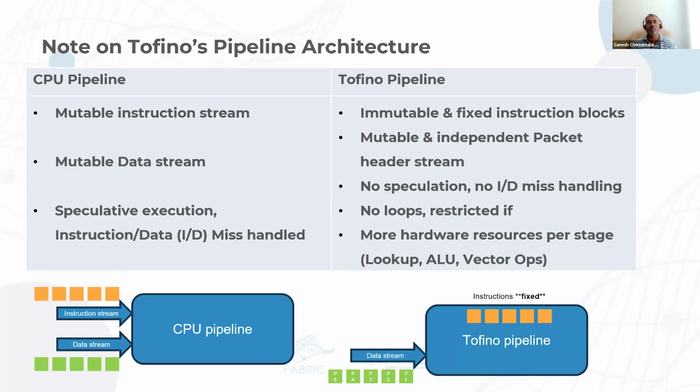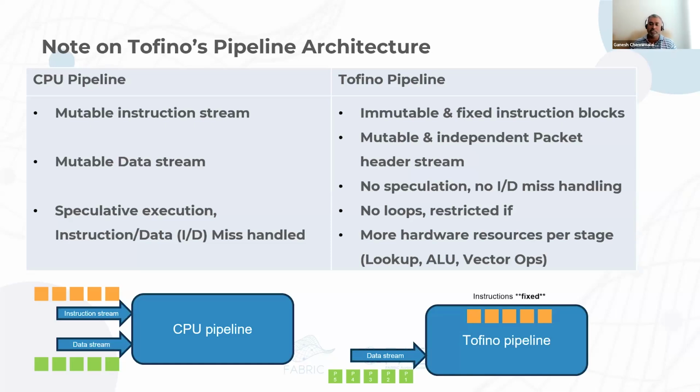Say I want to do this addition only for a particular flow. Then I need to use a lookup table or something like that to enforce that. Otherwise, it is a global instruction that is applied uniformly on all packets.